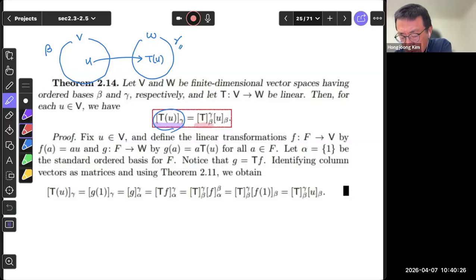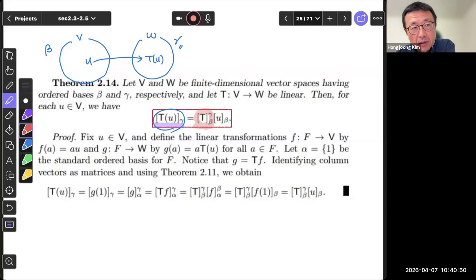What is this? This is a matrix representing this linear transformation. How do we obtain this? You map each basis vector in the domain, which is beta, right?